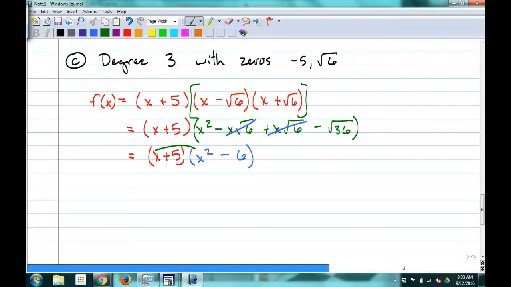So x times both of those be x cubed minus 6x, and then plus 5x squared minus 30. The only thing left to do is just put it in the right order, which is descending order. x cubed, 5x squared, negative 6x, negative 30.